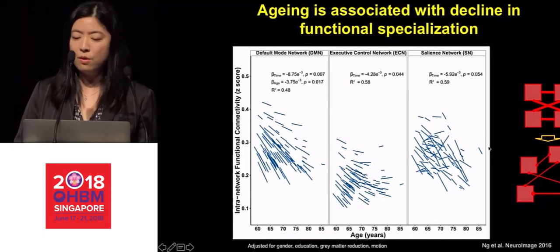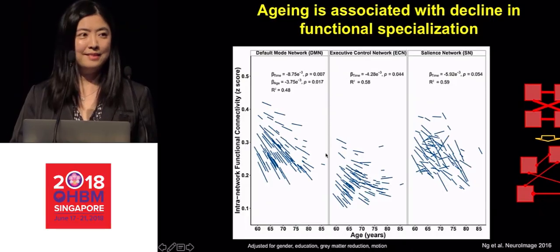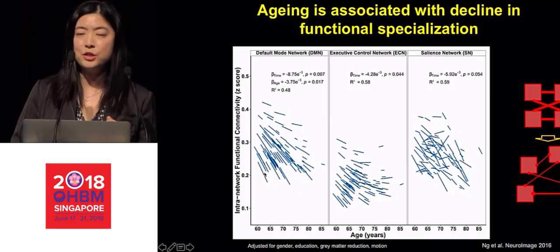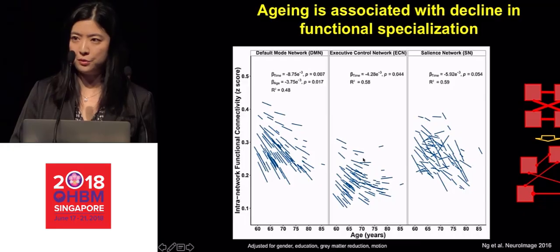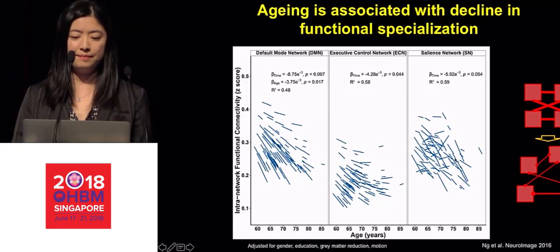Using linear mixed modeling, here are the results. Each line here represents one participant. And what we found is that aging is associated with decline in functional specialization in default mode network and executive control network. It's not the case for salience network.